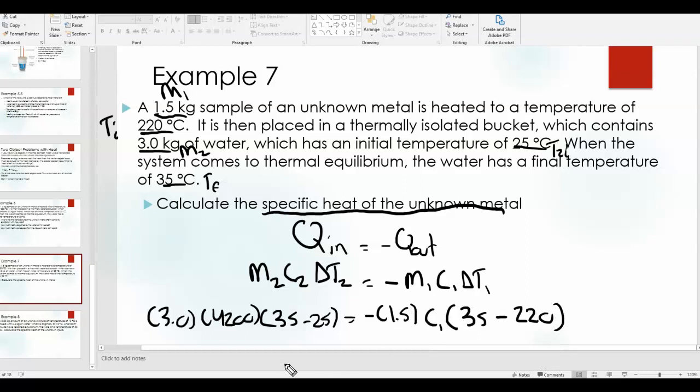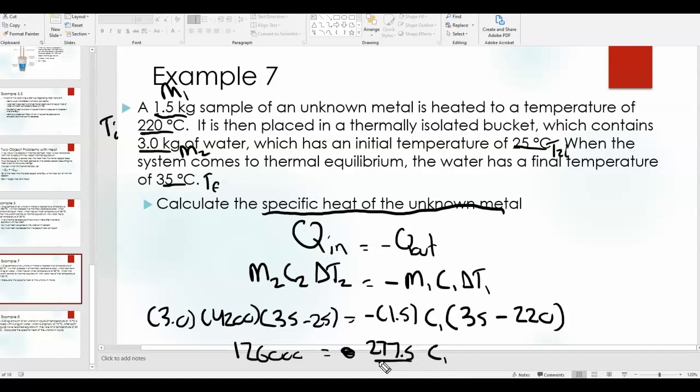Okay, and so now all I need to do is simplify and solve. On the left side, I have 126,000. I just remember that from the last problem. And on the right side, I can combine 1.5 times 35 minus 220 and get positive 277.5 times C1.